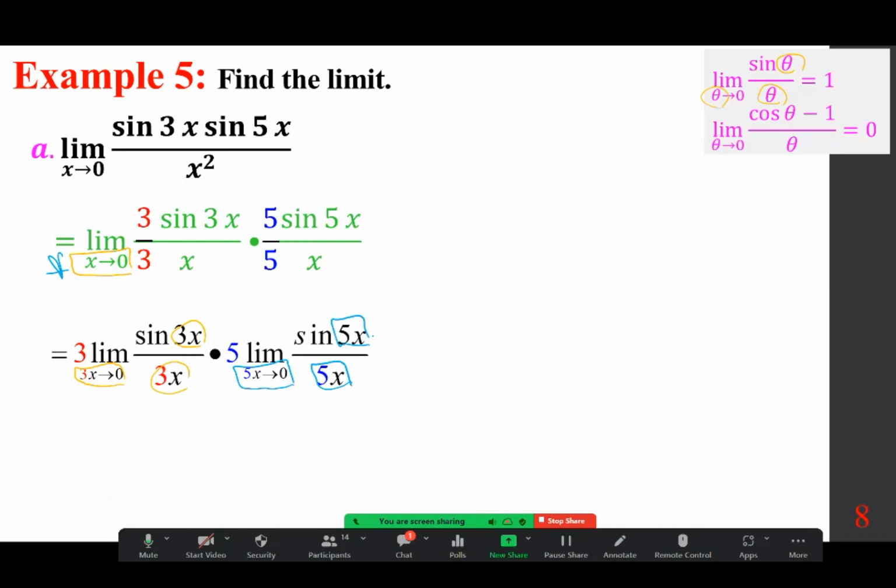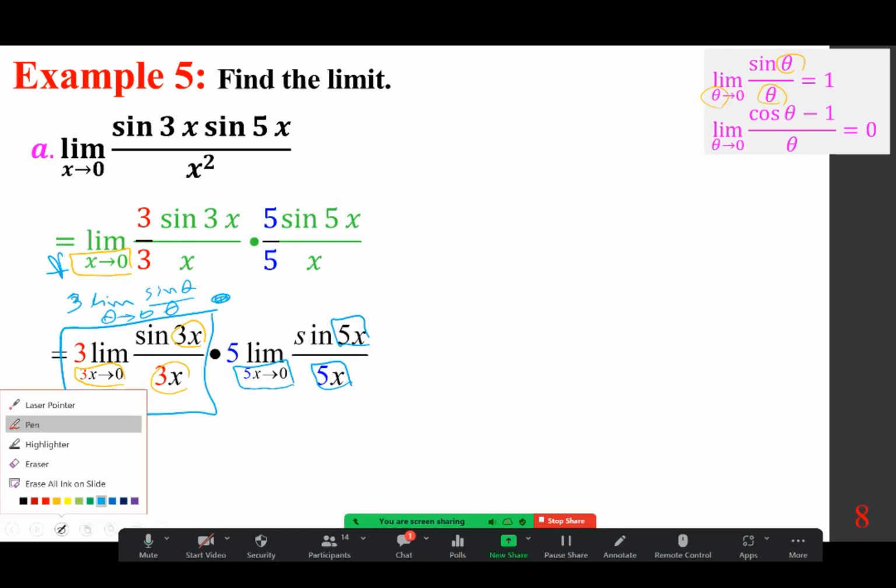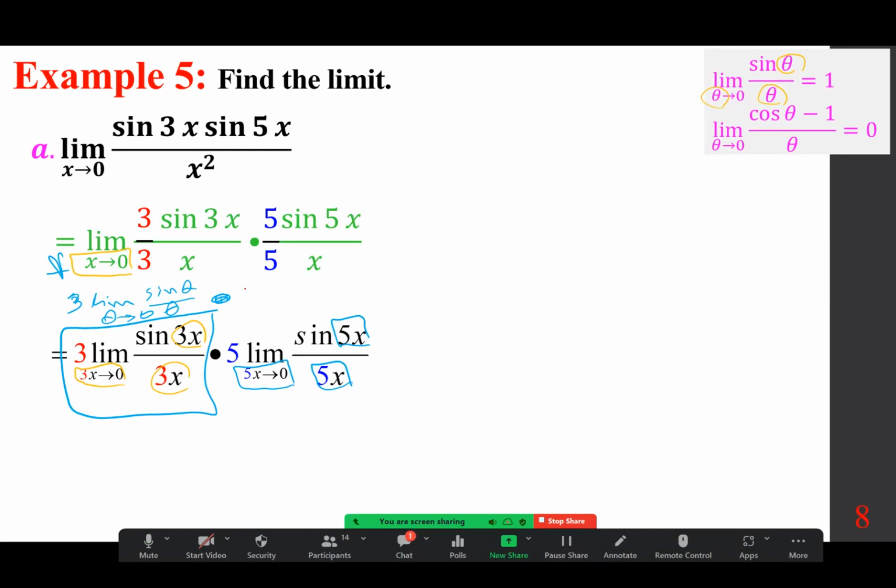Now, you can change this if you want, for example, to 3 times the limit of sine theta over theta as theta approaches 0. Or you can leave it, that's fine. And we can write the second one as 5 times the limit of, let's say, sine alpha over alpha as alpha approaches 0.